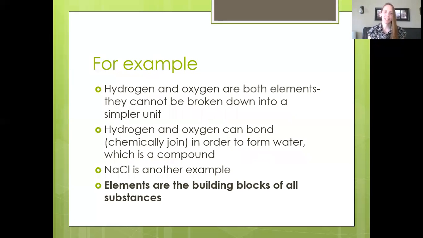Another example is hydrogen and oxygen can be chemically joined to form water or hydrogen peroxide, depending on your ratio of hydrogen and oxygen. Elements are the building blocks for all substances, all molecules, all compounds. Everything around us is either an element or elements are the building blocks for it.